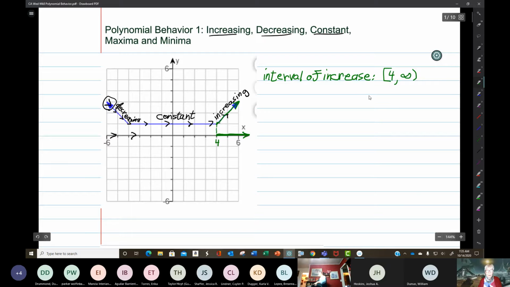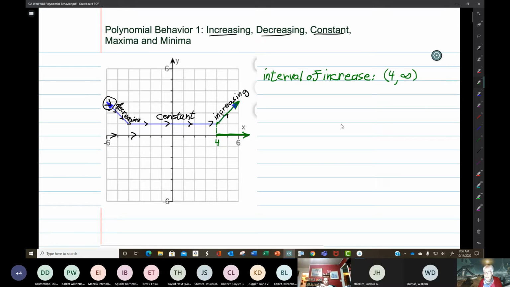And the answer is no. We only use parentheses, and I'll tell you why when we're finished. That way you'll have a total view of this whole process.